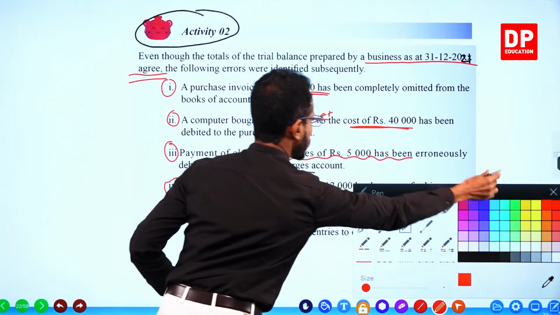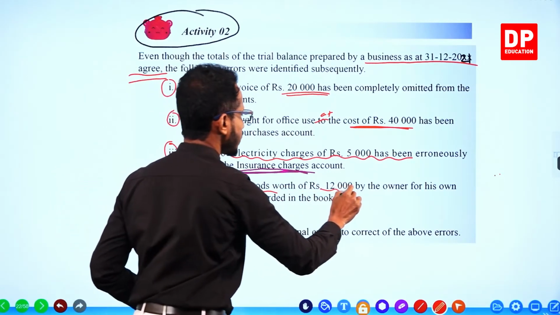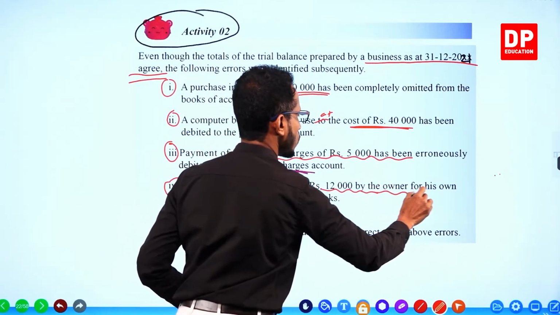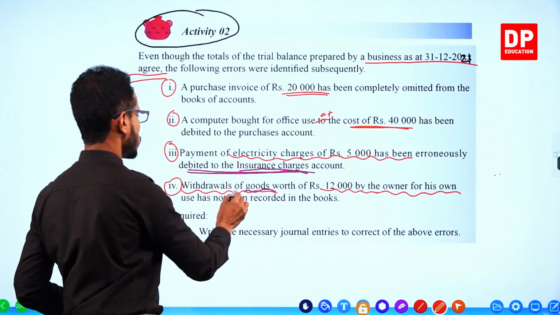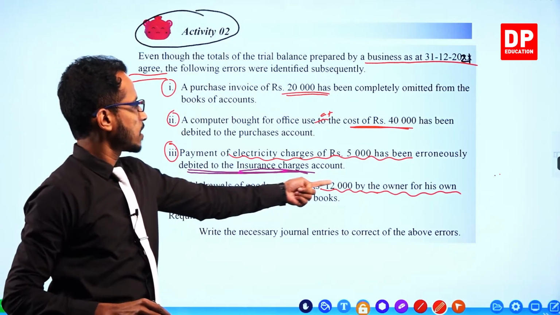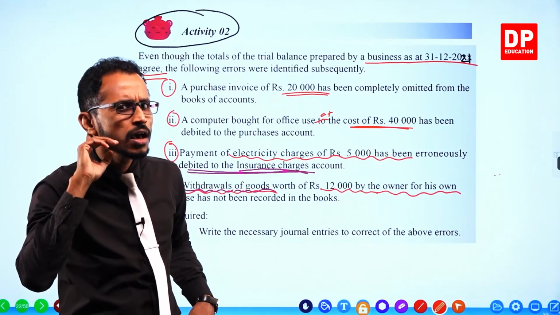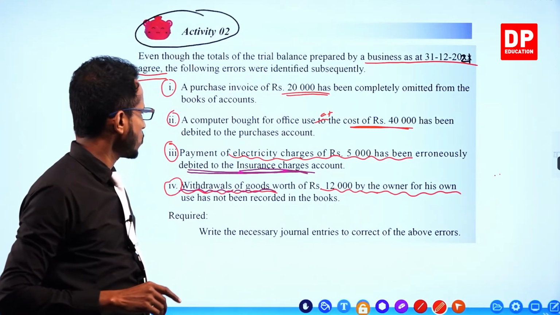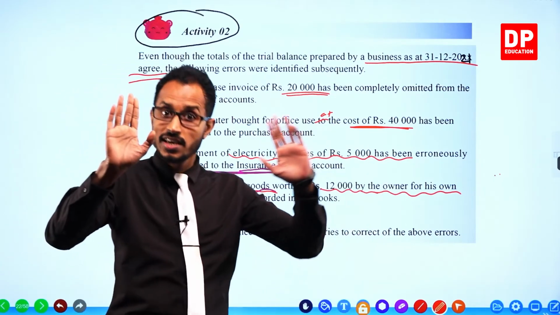Withdrawal of goods, 12,000 by the owner. Cash credit? What? No. Cash book does not get involved here. No cash involved. It's a goods drawing.